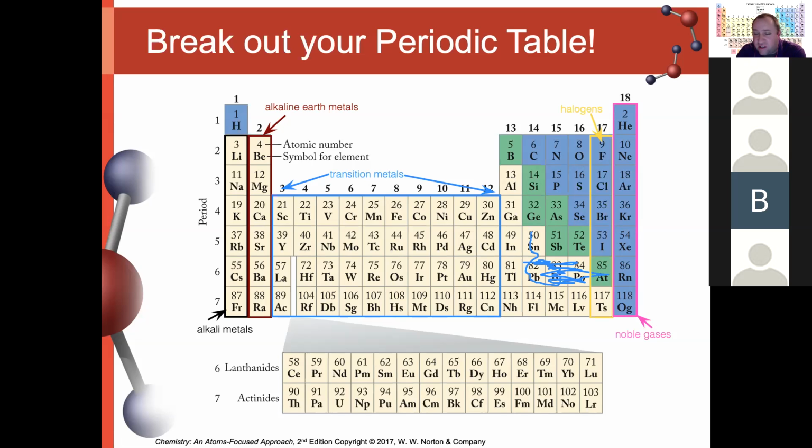Yes, oxygen and sulfur, and to a lesser degree selenium, are reactive. In fact, oxygen is the most abundant element in the Earth's crust because of its reactivity with all of the different metals that make up the Earth's crust. But the gap between oxygen and sulfur, and the gap between sulfur and selenium, are pretty large in terms of their overall reactivities.